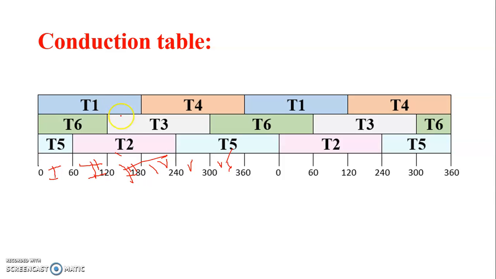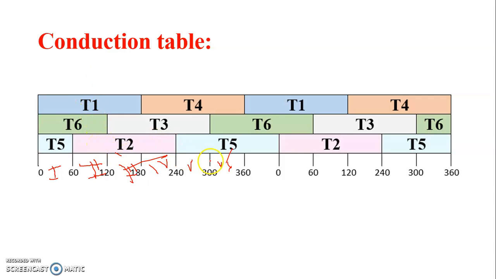After T3 conducts for 180 degrees, T6 conducts for the next 180 degrees, and again T3. Further, in the third row, T5 from the upper group starts conducting 120 degrees after T3 or 240 degrees after T1.